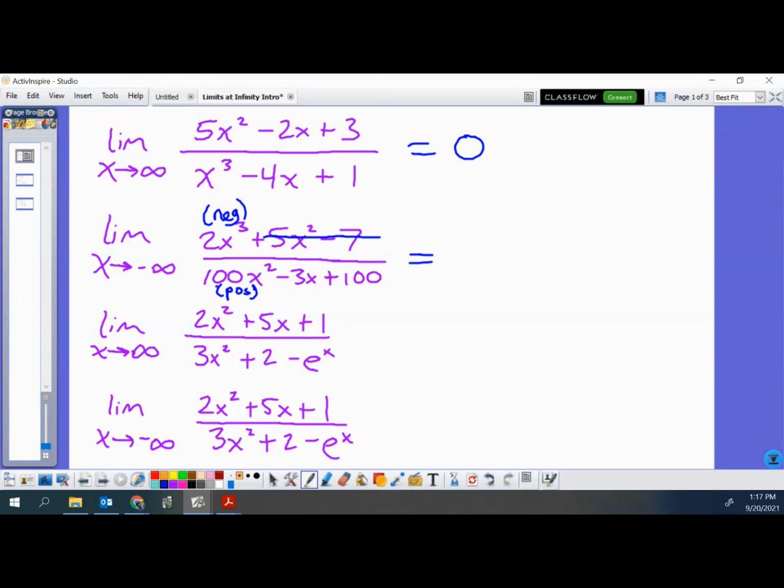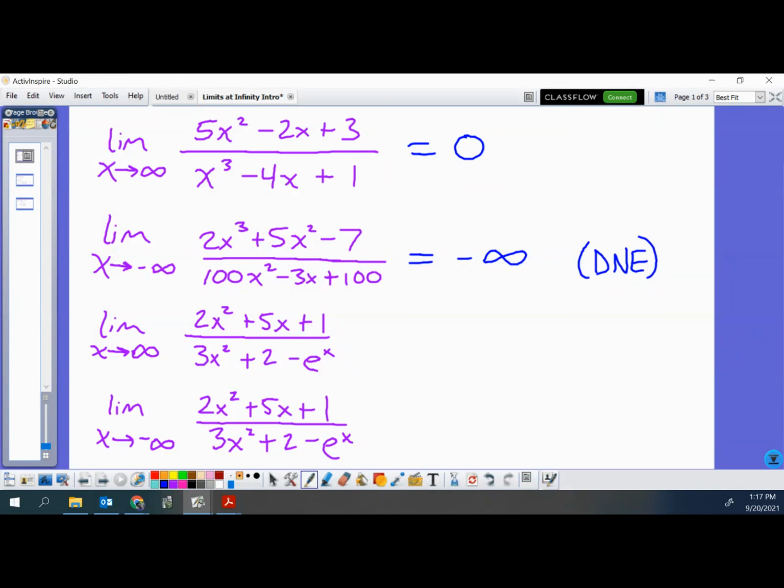Again, these other terms will not matter by comparison because those lead terms will be so much bigger. So it's going to be negative infinity over positive infinity, but the one on top's bigger, so the whole thing will approach negative infinity, which again, technically that limit does not exist, right? But by saying negative infinity, we give more information.